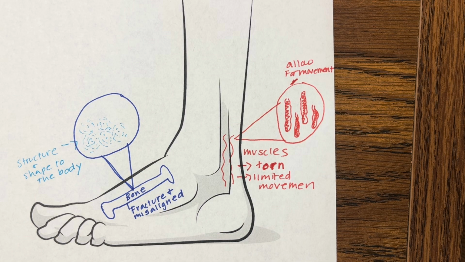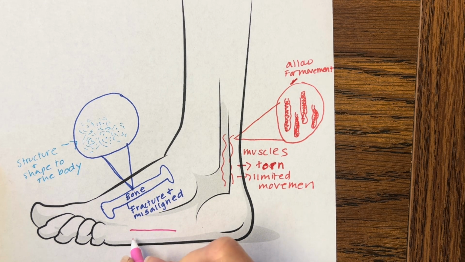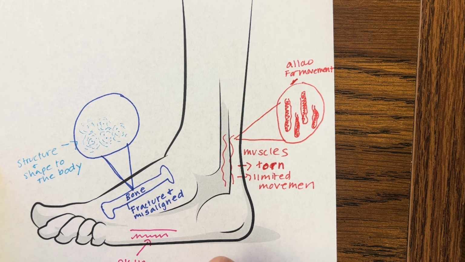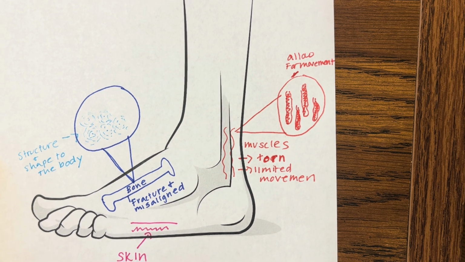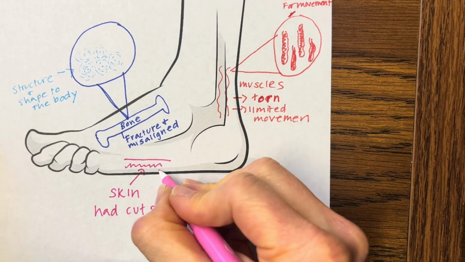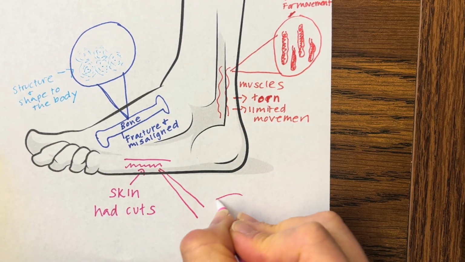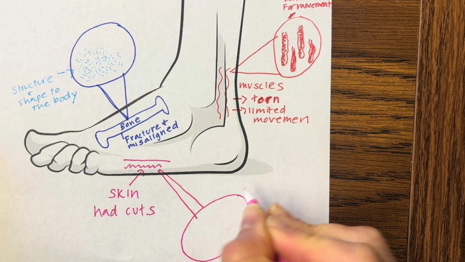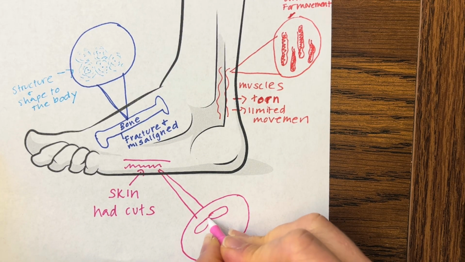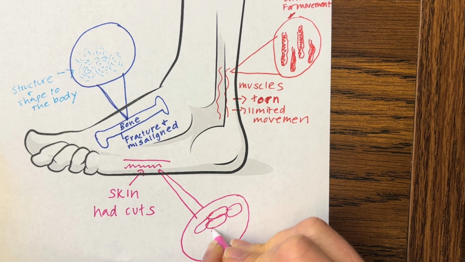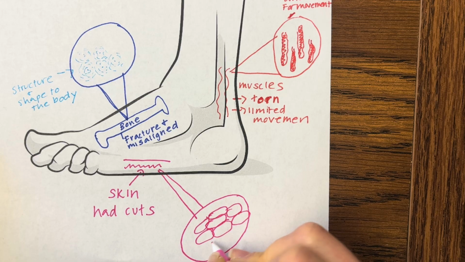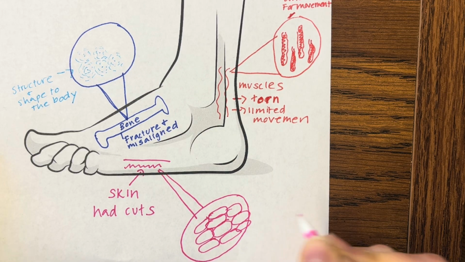Another part of the body that we know was injured as a result of this injury to the foot were the skin cells. There were cuts or lacerations. So the skin had cuts in it on the top of the foot. So to do a zoom in on our skin cells, they kind of look like scales, river rocks, with little space between them, kind of round or ovular.